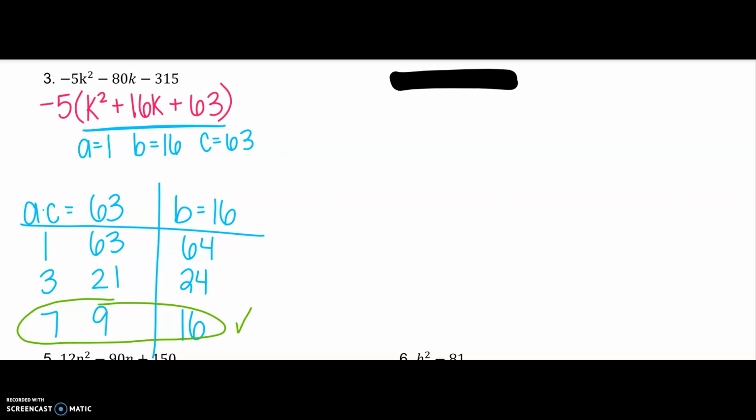When I rewrite my problem, notice that I'm going to rewrite it with the GCF out front. So negative 5's out front. I have k squared plus 7k plus 9k plus 63. And I can go ahead and group my terms. I keep the GCF out front, that'll never change. And now I want to take the GCF of my first group.